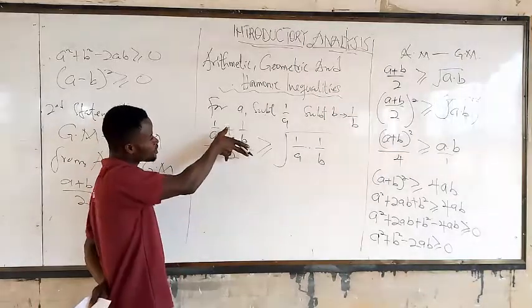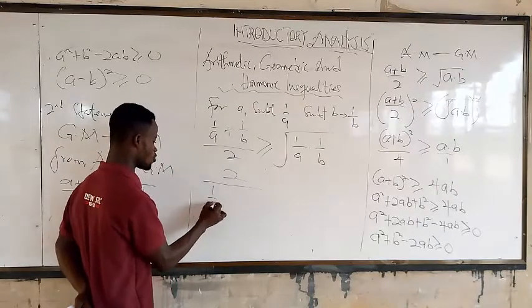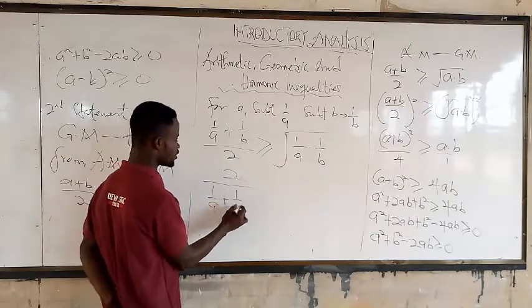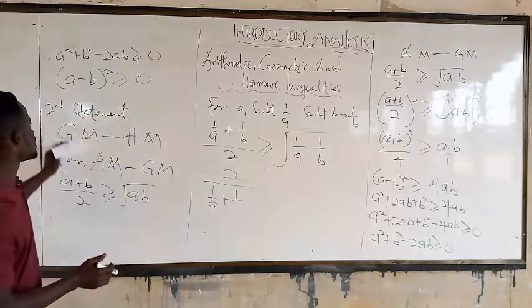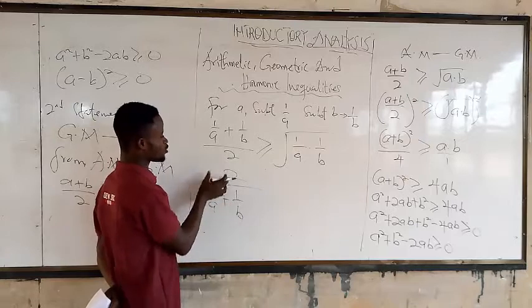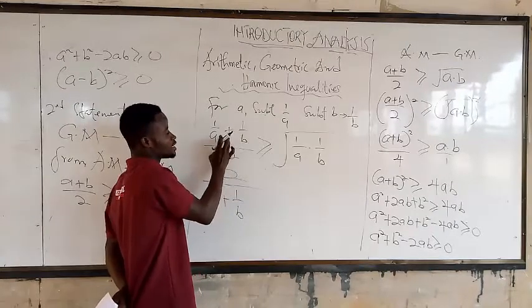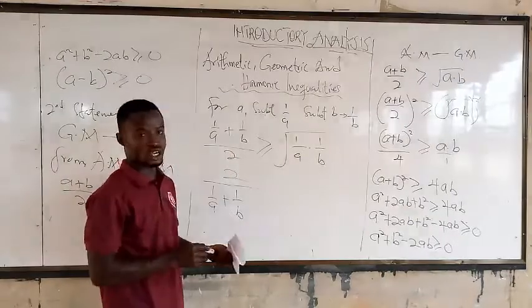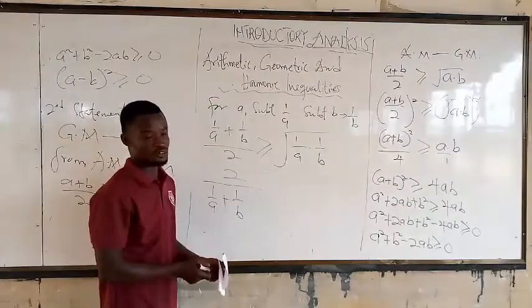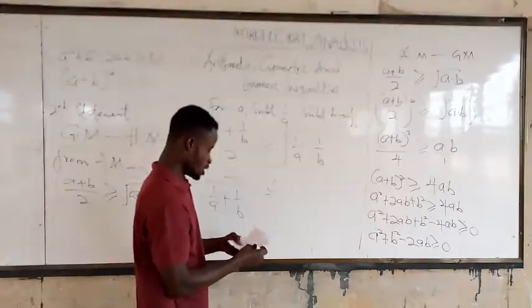When we take the reciprocal of this, we get 2 over 1 over a plus 1. We are transforming it to be a harmonic mean. The reciprocal of the left hand side is going to affect this, and here too the same thing.